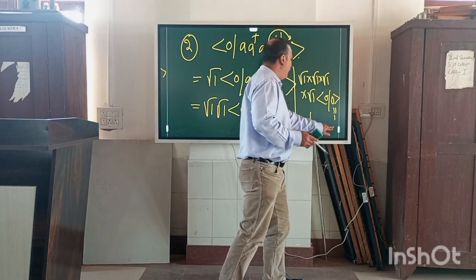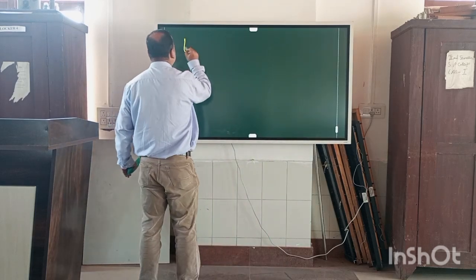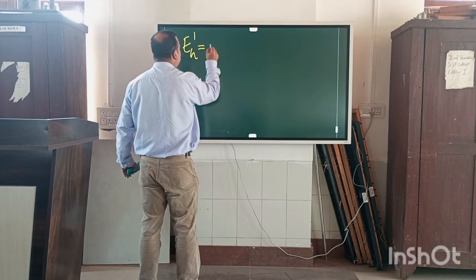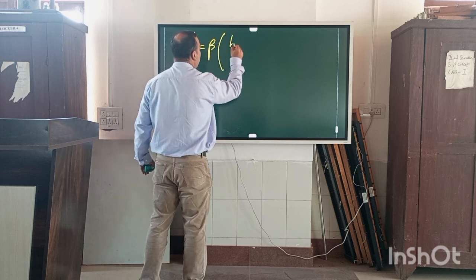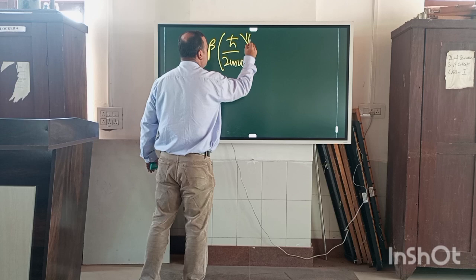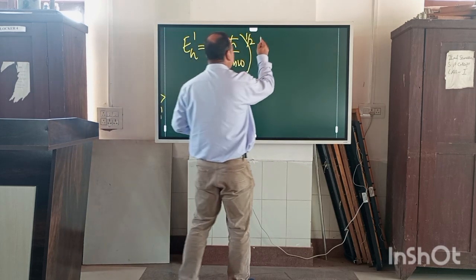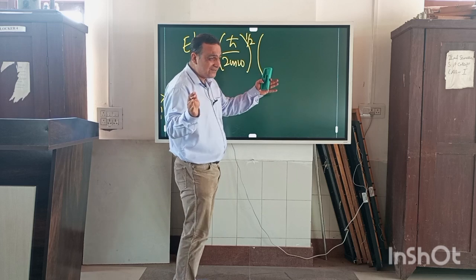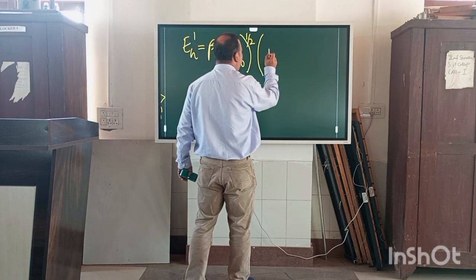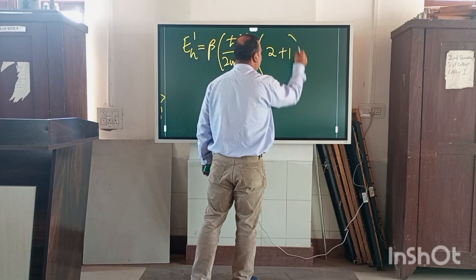So finally, we have calculated the first order correction for this problem. E_n^(1): beta is outside. You have (h bar by 2m omega) raised to the power 1 by 2, which I have chosen as equivalent to zeta. Then inside the brackets, for the first expectation value we had the answer of 2, and for the next one we had an answer of 1.